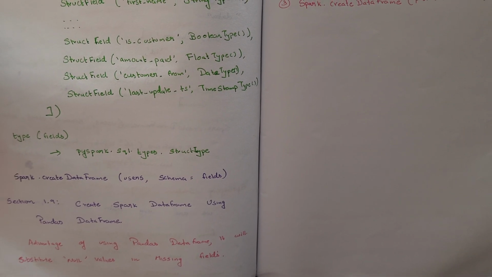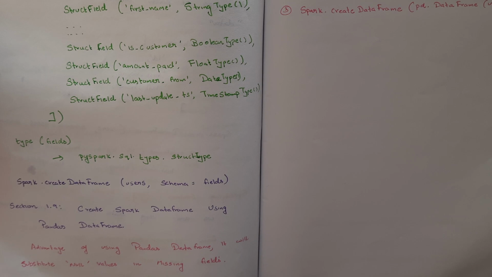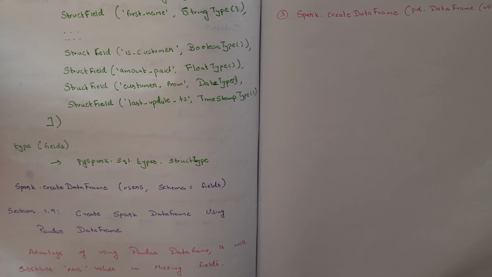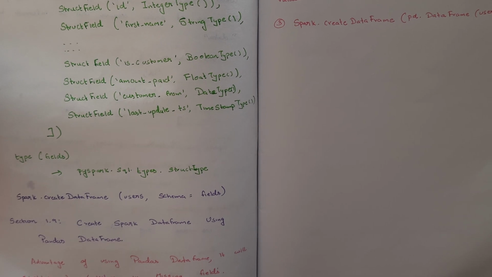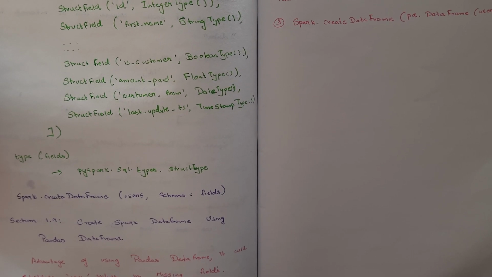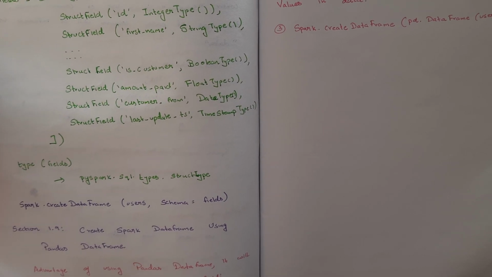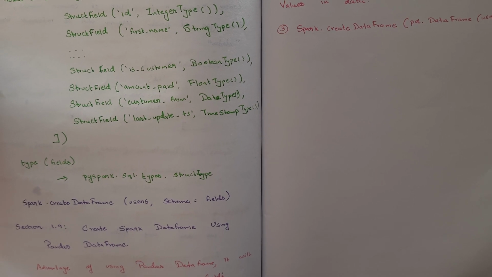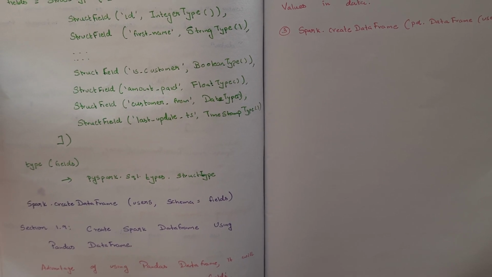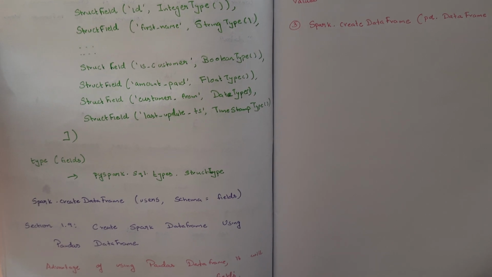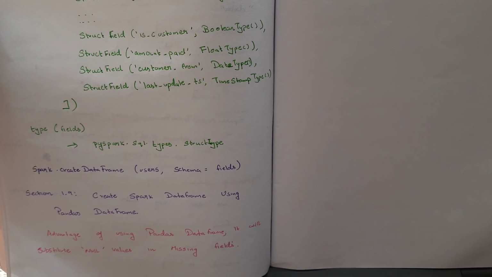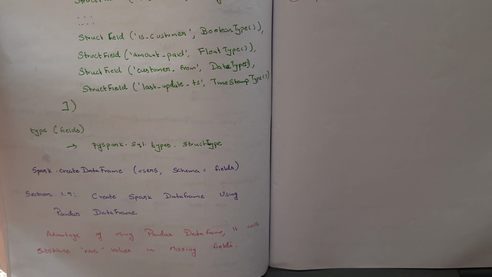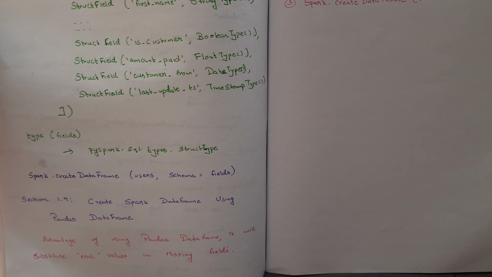If, let's say, customer from is null, which means it's not provided in the data file, and we directly try to create a Spark data frame, it will throw an error that we are expecting, let's say, 8 fields but only 7 fields are available. But in the case of pandas, if there are any missing fields, it will automatically substitute a NaN value for that, which is nothing but a null in a database.